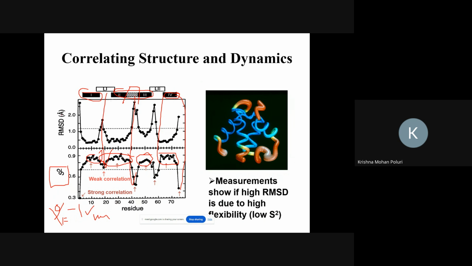You can compare with the RMSD of crystal structures also, and you can tell where you have order and where you don't, the very flexible and the rigid. So if S squared is 0.8, 0.9, that means these portions are rigid and these are flexible. You can see this cartoon. The larger the loop, that means it is flexible. The sharper it is, the more rigid.